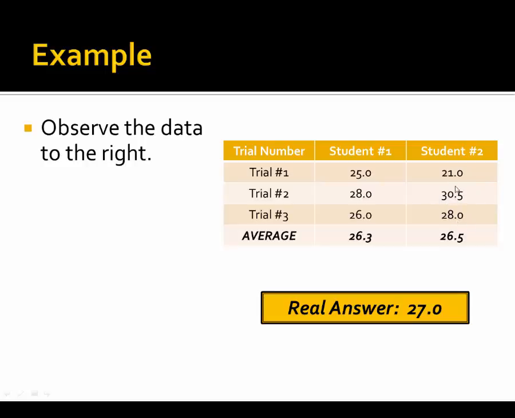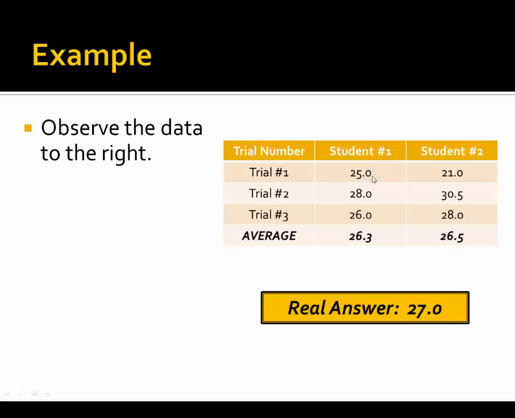So there's a large gap here. 28 is close, but these two we can even say might possibly be an outlier. Definitely 21 would be an outlier. Kind of just hanging out there, right? So we wouldn't say these are precise, but his average compared to the real answer is pretty accurate.